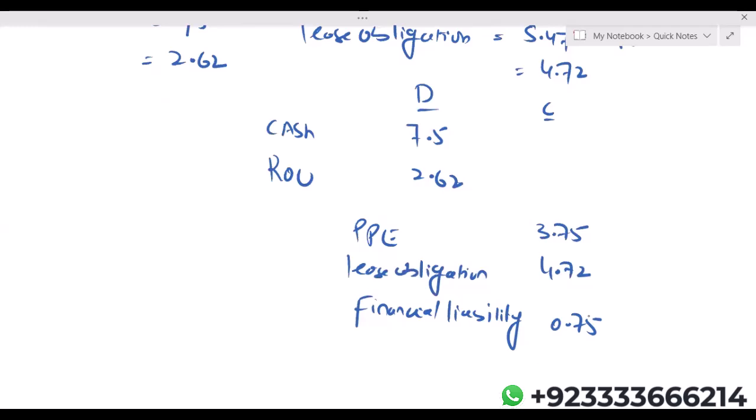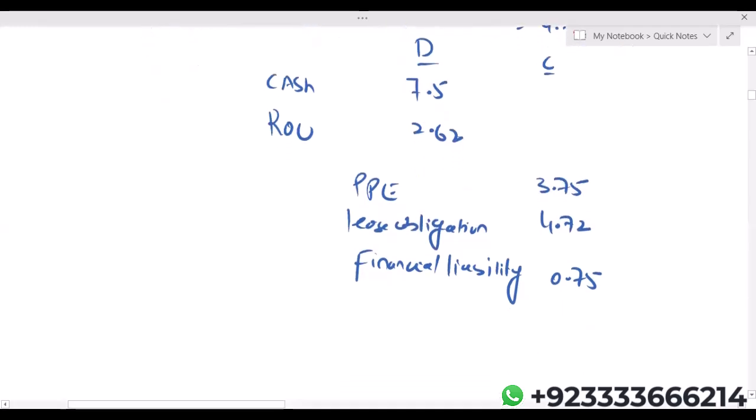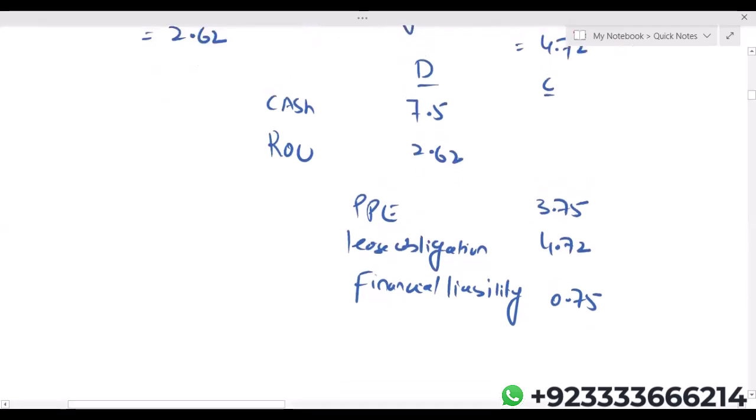It is coming 0.9. So gain on transfer is 0.9, which will come to the P&L. Then we have to show in the statement of profit and loss 0.9 million.